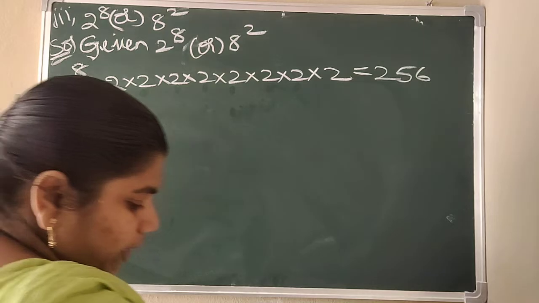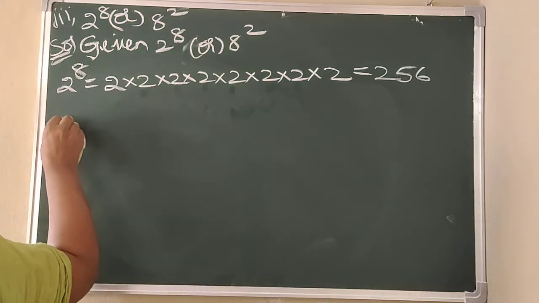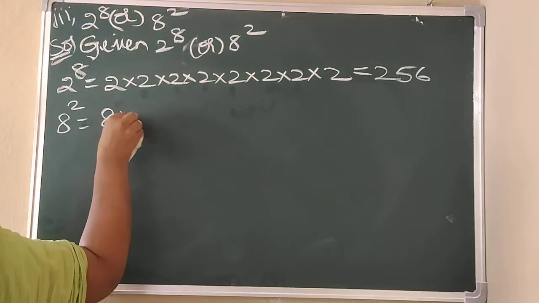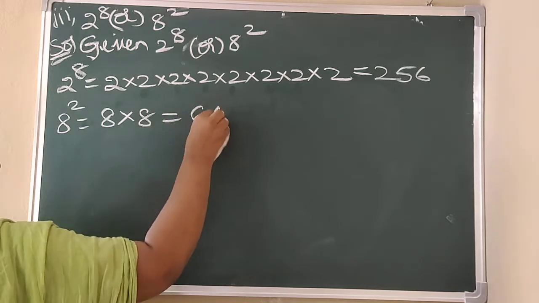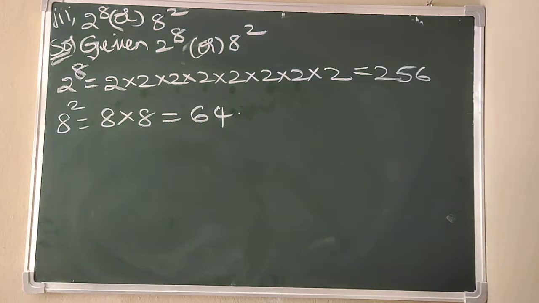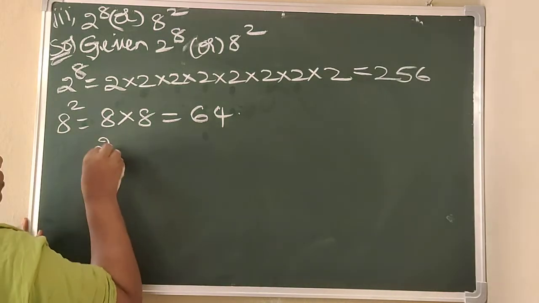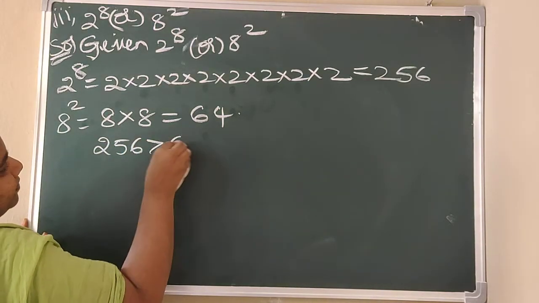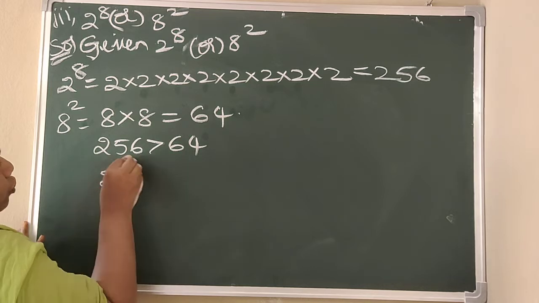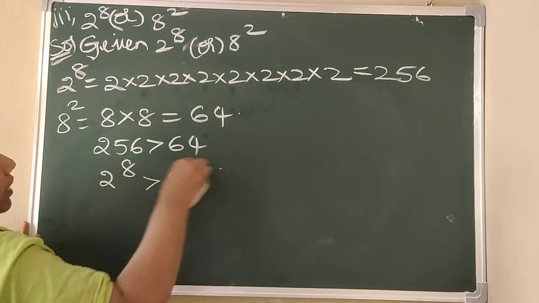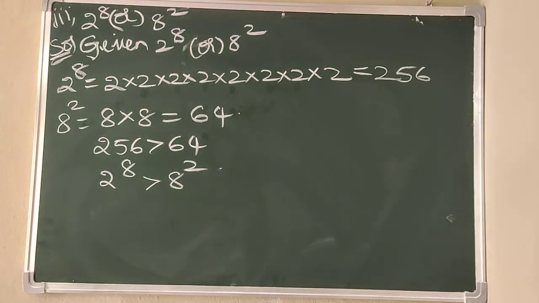So what is 8 square? 8 we have to multiply 2 times. That is 8 into 8. 8 8s are 64. So we know that 256 is greater than 64. So here we can write 2 power 8 is greater than 8 square. So this is our third question.